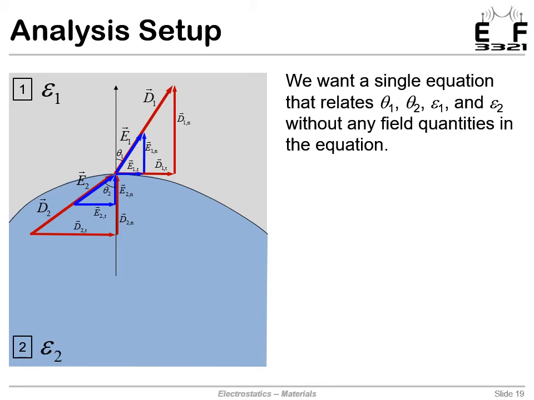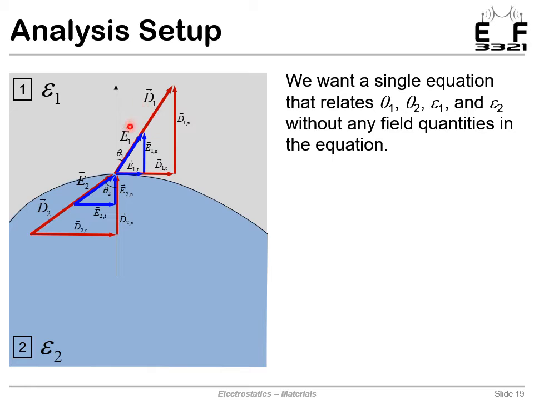Those angles are always measured off of the surface normal. The surface normal is a direction that punches straight through the interface, perpendicular to the interface. The angle of E1 and D1 is measured off of the surface normal, and we call it theta 1.